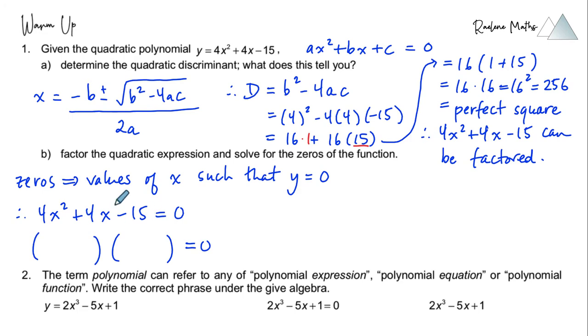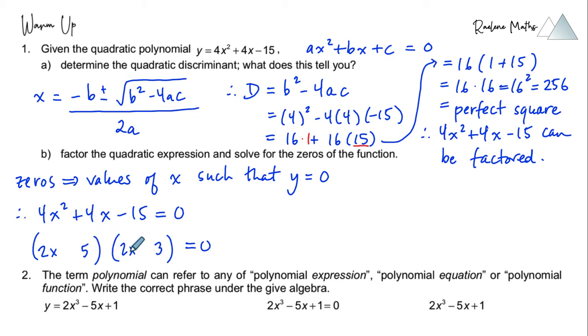When we factor, we can try lots of different methods, but we should have some strategies such as trial and error or separating the middle term. Here the 4x squared can factor into 2x times 2x, and the negative 15 can factor into 5 times 3, and we need a middle term of positive 4x. The 5 and the 3 have to have opposite signs because of the negative. We want the bigger of the outer product and the inner product to be positive.